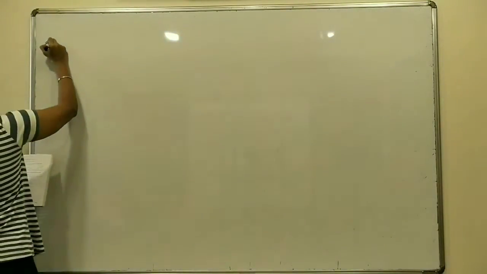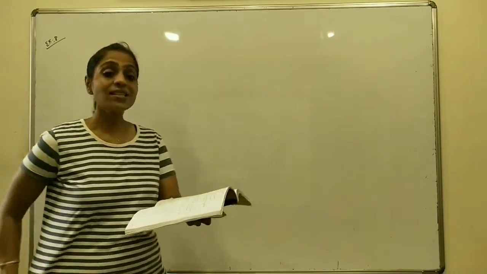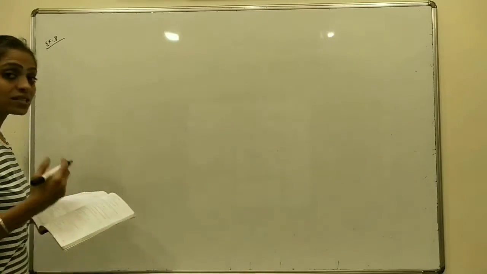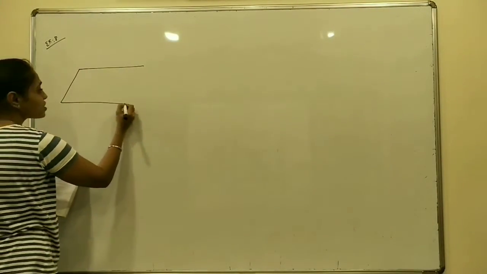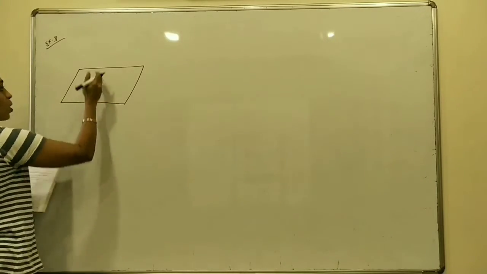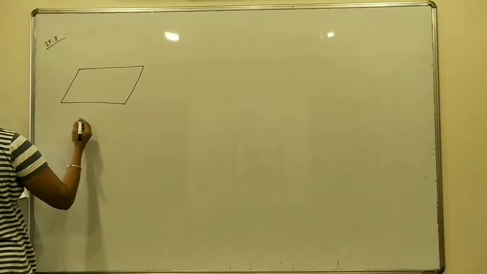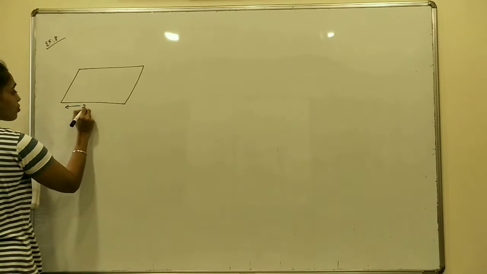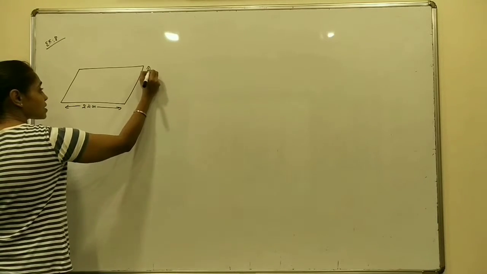Example number 8. Two adjacent sides of the parallelogram, meaning side by side. Two adjacent sides of the parallelogram are 24 centimeter and 18 centimeter.